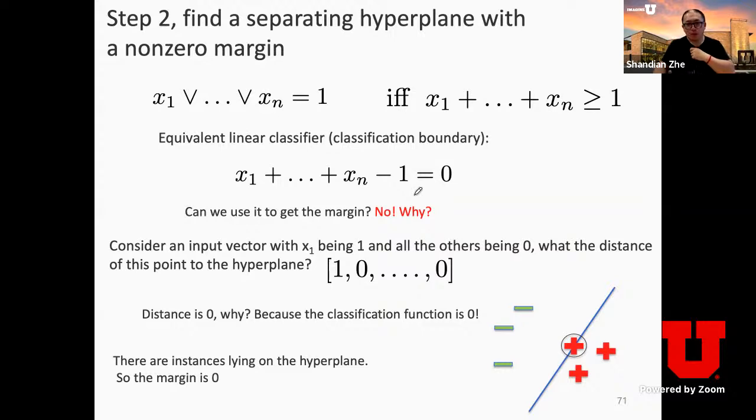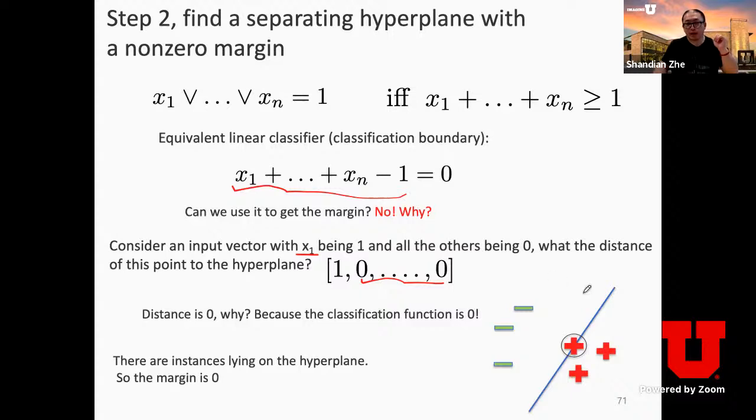Why? Because some data points directly lie on this hyperplane. I can pick an actual point: we can set x1 being 1 and all the other variables being 0. When you evaluate the classification function, you'll see it is 0.